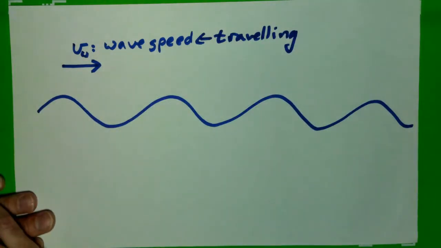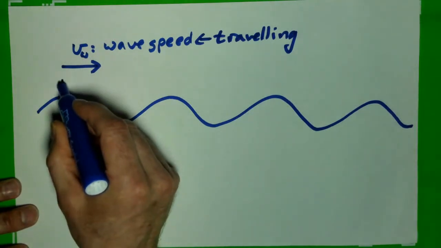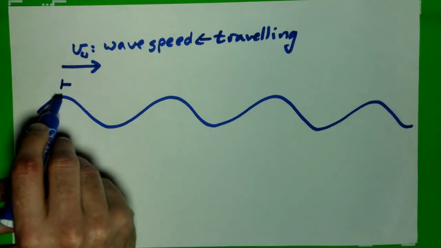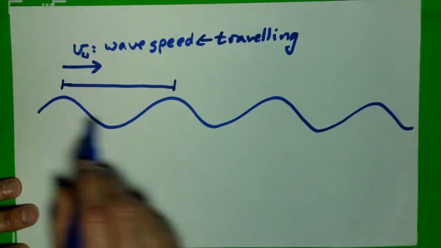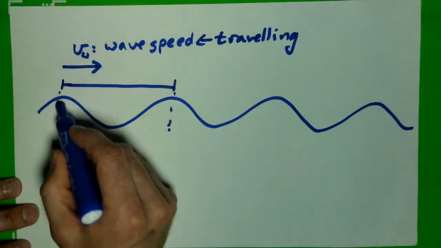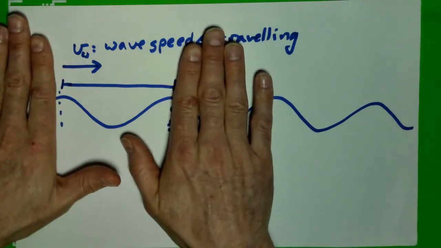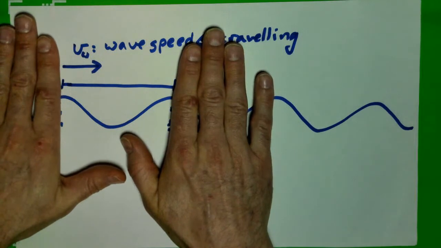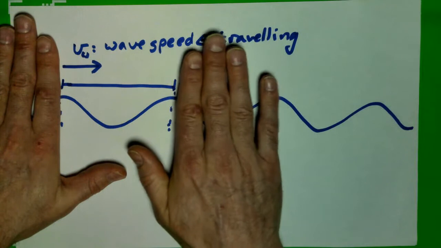What are some other things we can describe about this? Something we can describe is the wavelength. So if I look from this point, this is a crest, and I look to the next crest. If I think about that unit on my picture, and let me just block everything out, I see a maximum comes down to a minimum and back to a maximum.